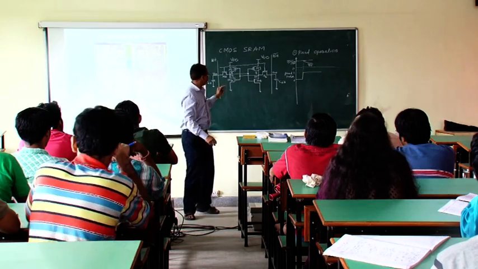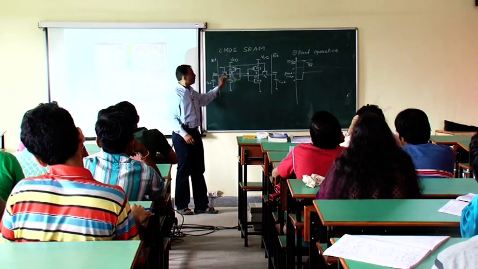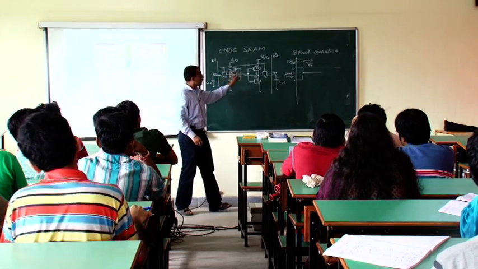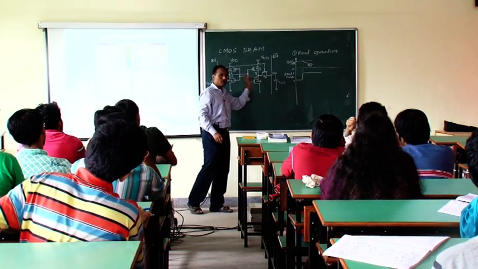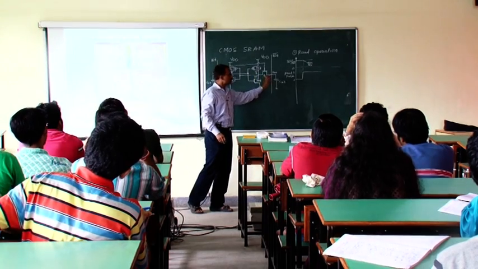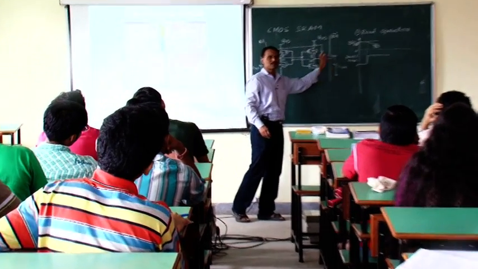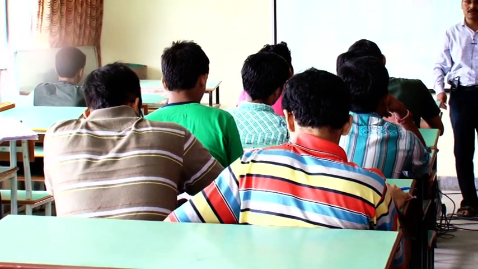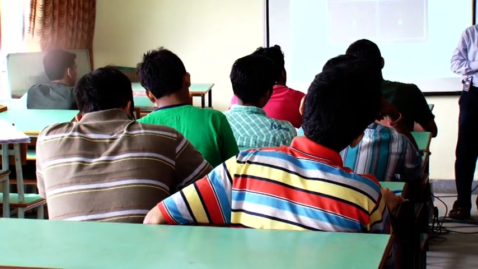Got it? Now in present case, as 1 is stored, although this transistor turns on but there is no current, so this voltage will not decrease. As here it is 0, complement of 1, this transistor turns on and this voltage will decrease, means bit bar voltage will decrease. That is indication of memory, logic 1 is stored in the memory.